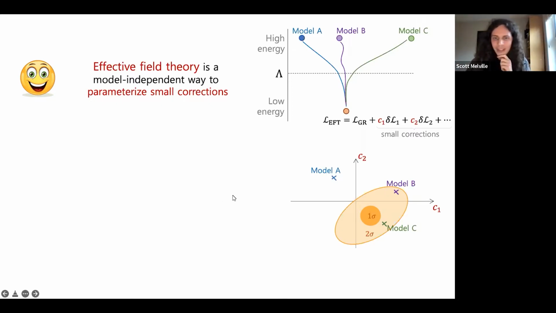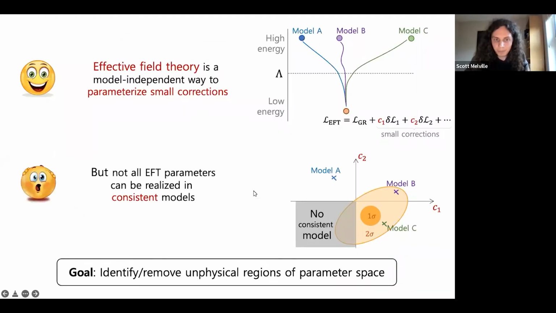However, there's a catch. There's a problem. And the problem is that not all of these EFT parameters, not all values of C1 and C2 can actually be realized in consistent high energy models.